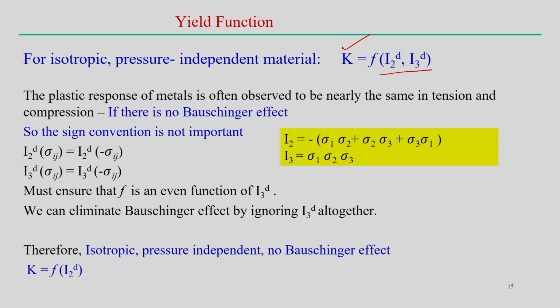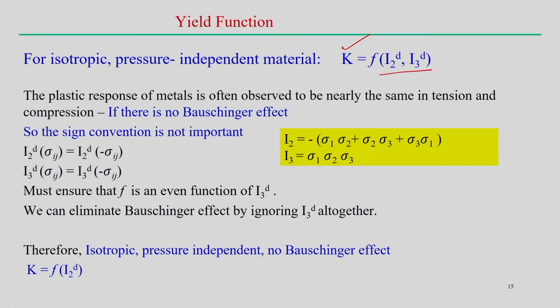If we assume the yield point is the same, it means we are neglecting the Bauschinger effect, meaning that yielding happens at the same point irrespective of whether it is tensile or compressive load. So, if we assume no Bauschinger effect, the magnitude is the same irrespective of tensile and compressive load.